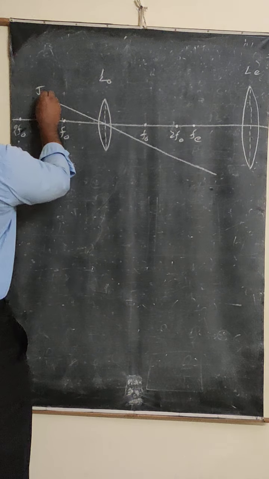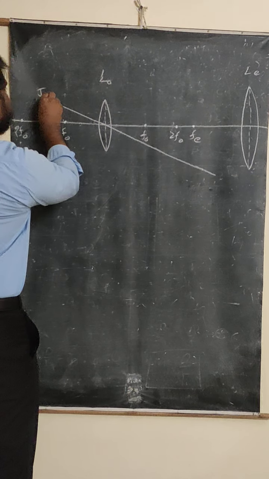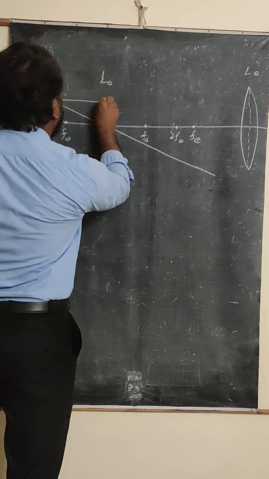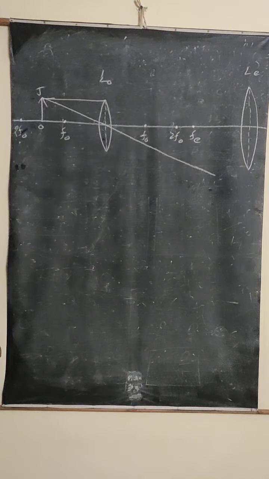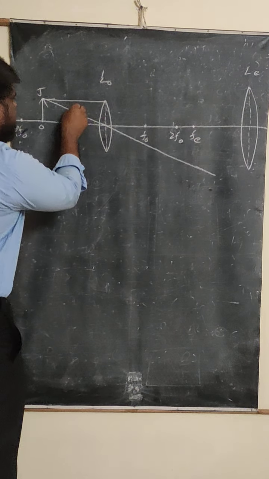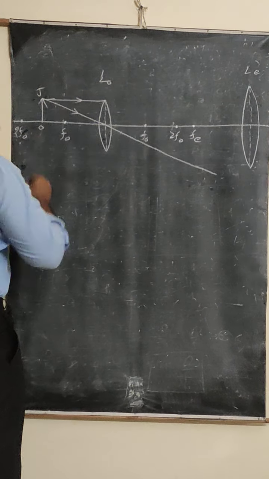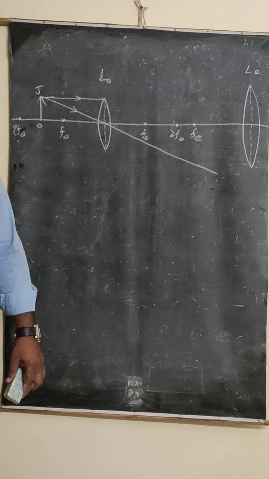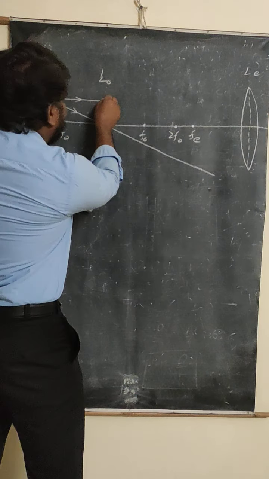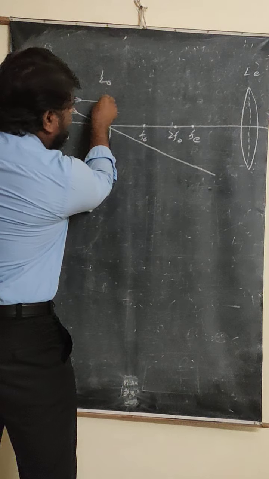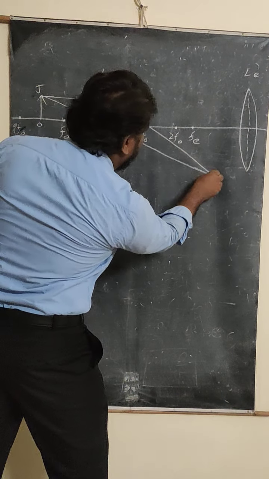Next, one more ray of light we are taking, which is parallel to the principal axis and is going to be incident on the lens. Whenever this ray of light is incident on the lens, the refraction will take place, and it is going to be concentrated at this point.